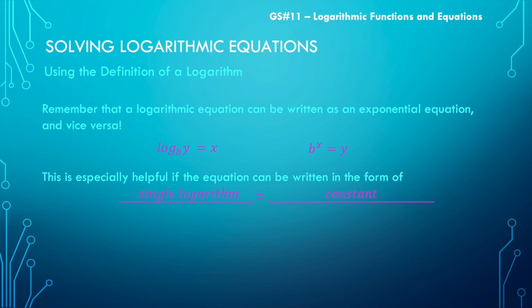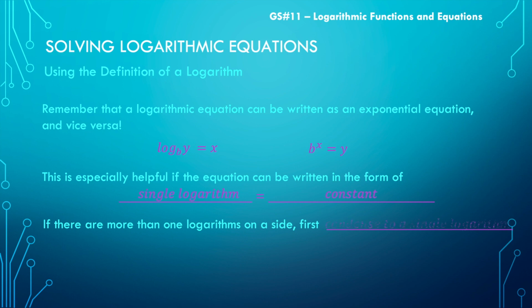Or if you're presented with an equation that has more than one logarithm and there is a constant, that means there's probably more than one logarithm on a specific side. We want to take those logs and condense them into a single logarithm before we move forward.